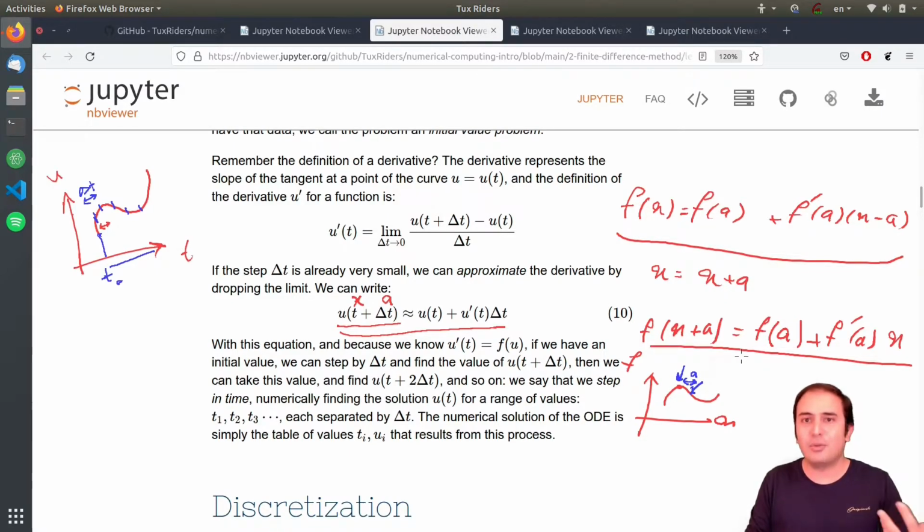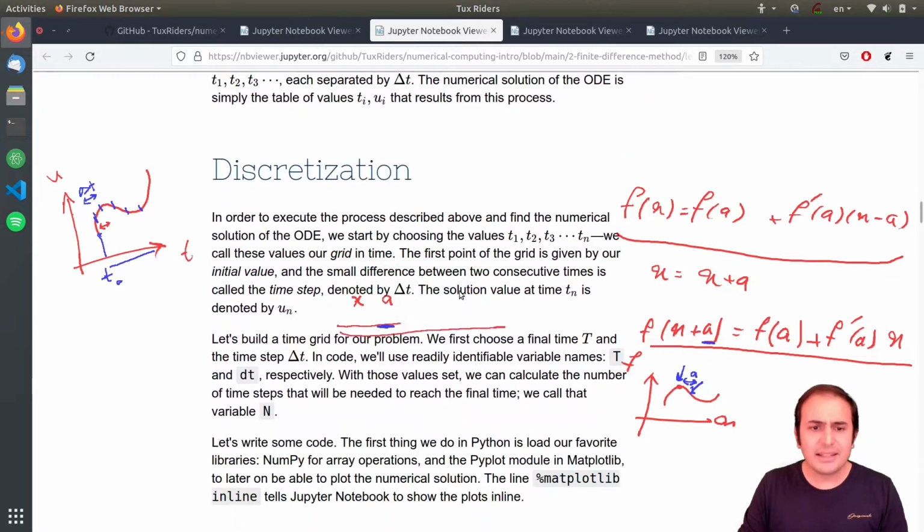And this is what we are trying to do here. So the value of a here, and then delta t here. So this is how this discretization is all about. This is how this is going to take place, and this is quite cool.